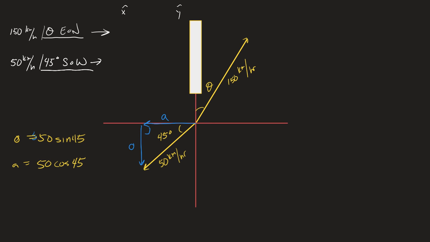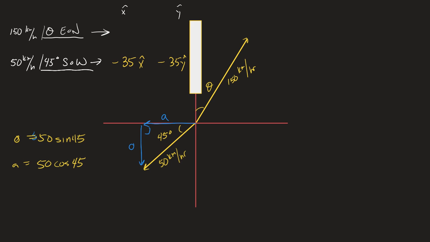I'm not sure which. You should keep lots of decimal places. But I'm going to put 35 in the x direction and 35 in the y direction. And that's quadrant 3, so that's negative x and negative y. Any question about that?